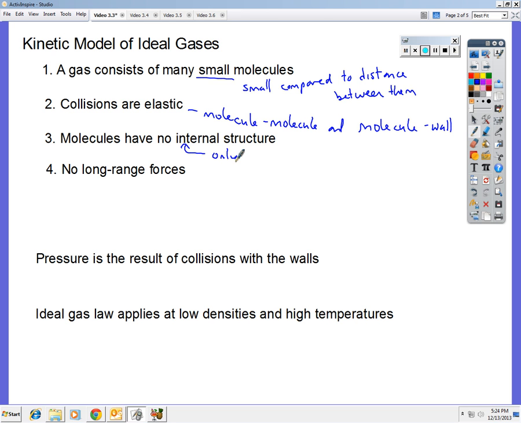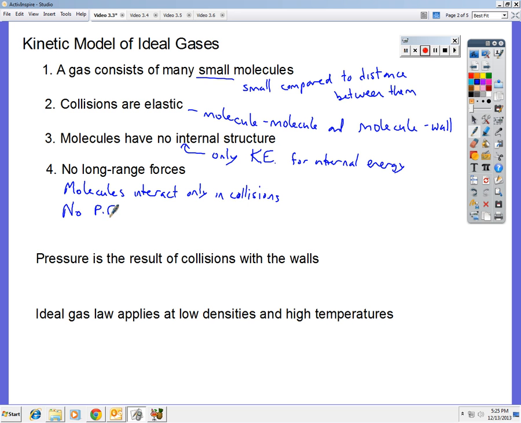So we're only looking at KE, kinetic energy, for the internal energy. And related to that, there are no long-range forces. So the molecules interact only in collisions, is another way of saying it. And because there are no long-range forces, that means there is no potential energy that we have to worry about.